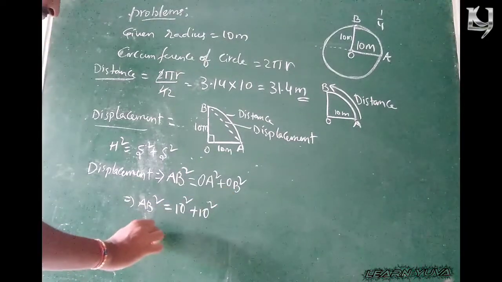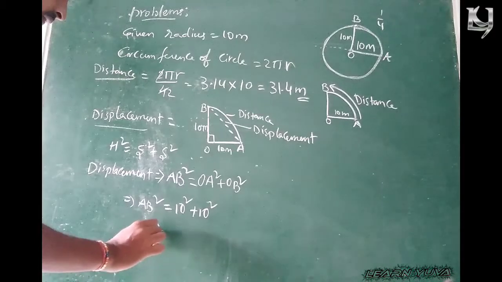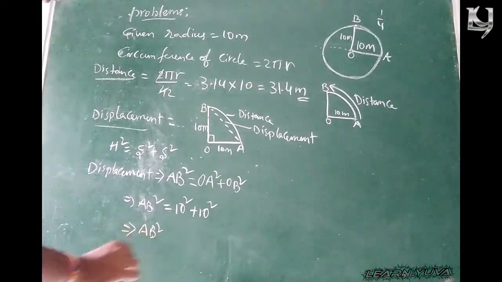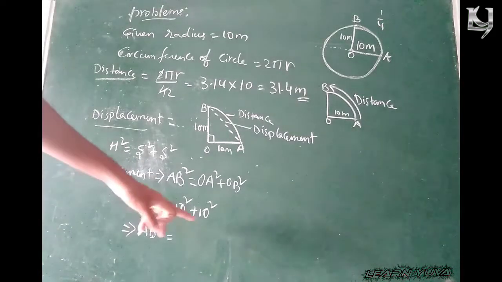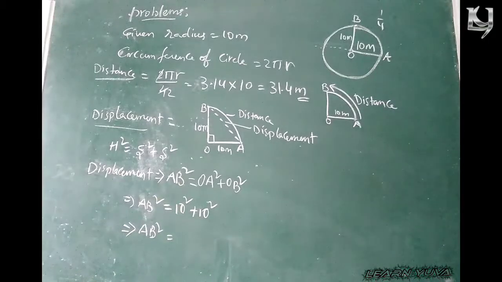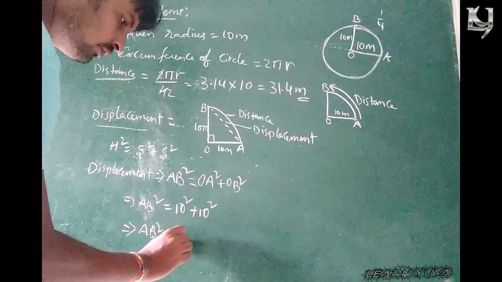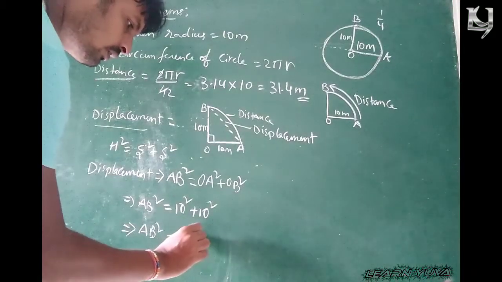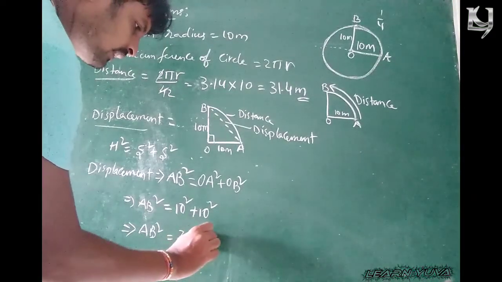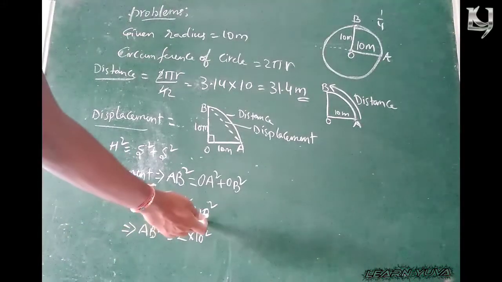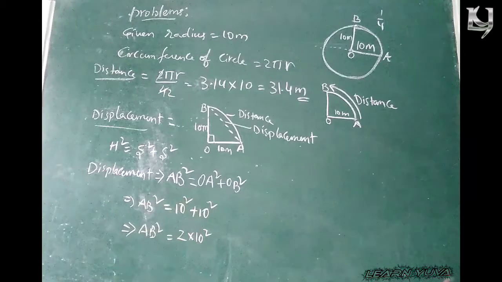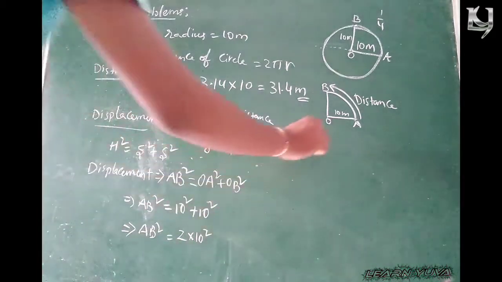So AB square is equal to 10 square plus 10 square, 100 plus 100, 200. 200 can be written as 2 into 10 square.